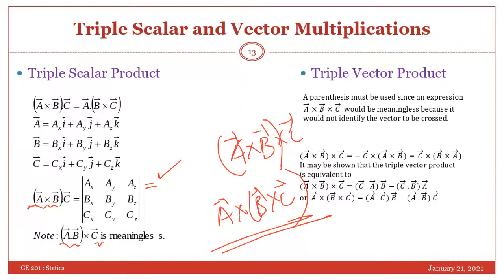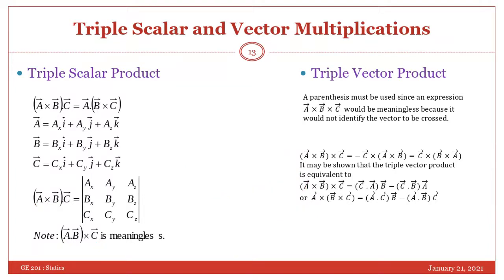So in the first case, first you are multiplying A and B, and then whatever is the answer, you are multiplying with vector C. In the second case, first you are multiplying vector B and vector C, and whatever is the answer, you are crossing with vector A. So the formula for finding out the vector triple product is simple. Just first take the dot of this, this and this, first and last, okay?